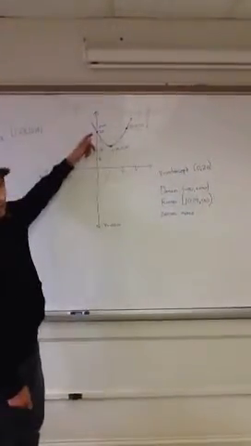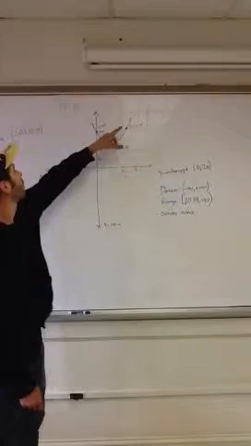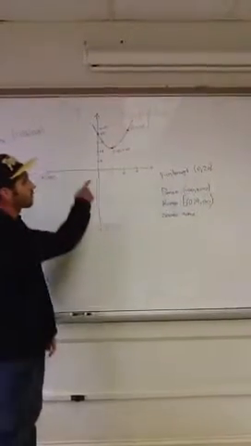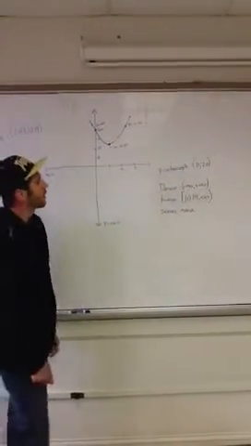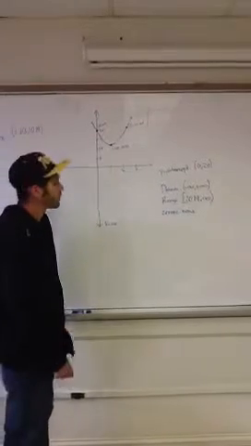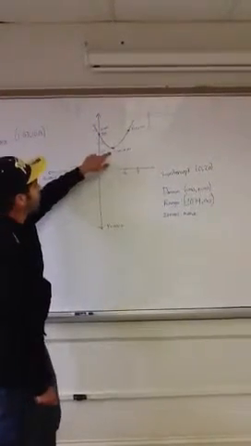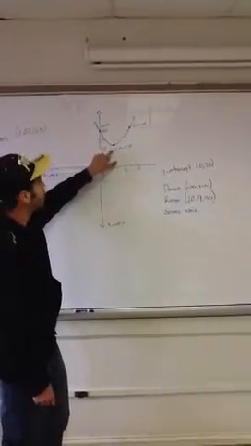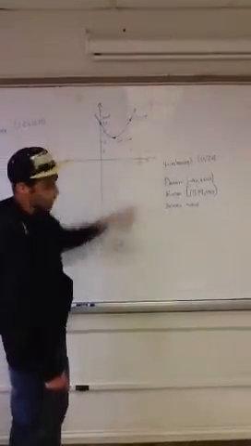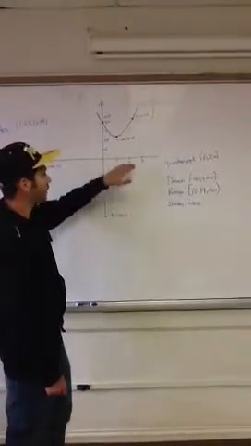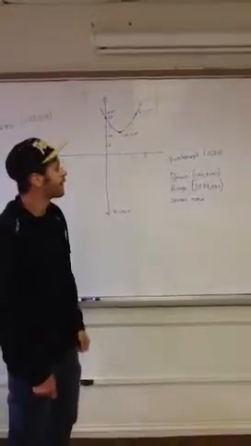Our domain, which is all our points, extends across the graph, so we decided it was negative infinity to positive infinity. And the range, which starts at the lowest point on the parabola, we had as 10.19 to positive infinity. And there were no zeros because nothing crossed our x-axis.